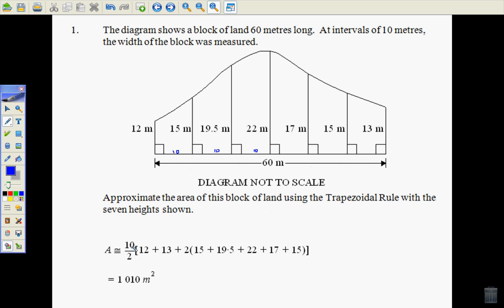So that's where h comes in, over 2. We're going to use our first y value, our last y value, there's the 12 plus 13, and then 2 times the rest of those values. And that's going to give us an area of 1010. So that's the application of the formula with all those values.